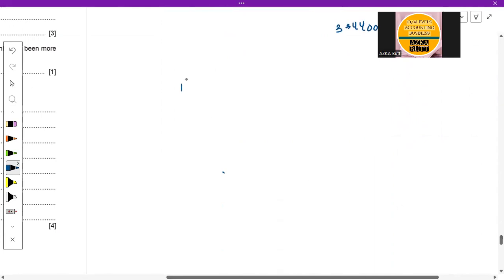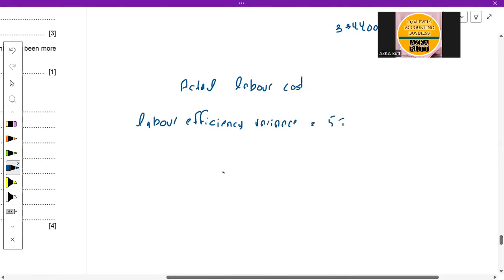Okay, so actual labor cost. The labor efficiency variance was equal to 57,750 adverse.